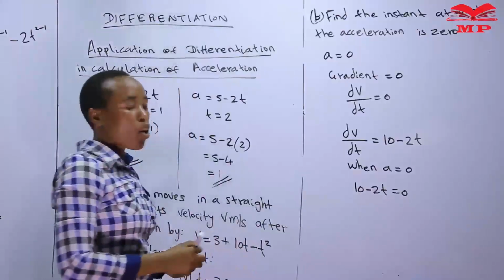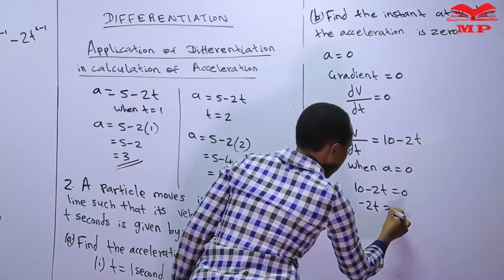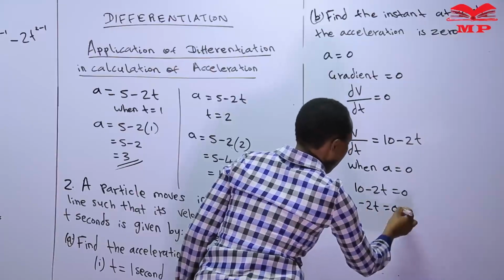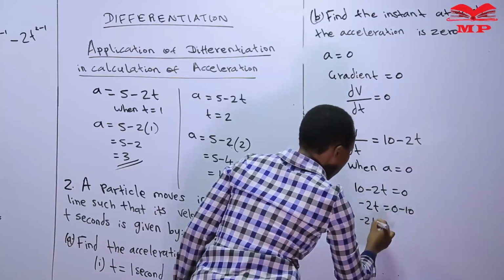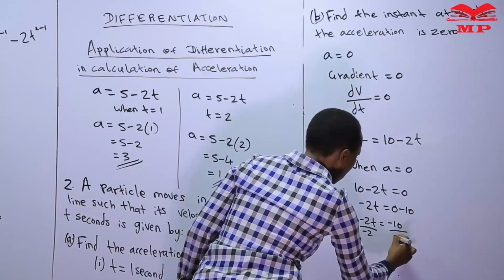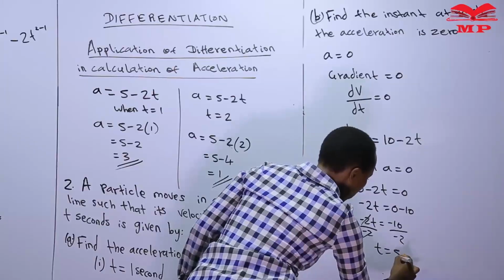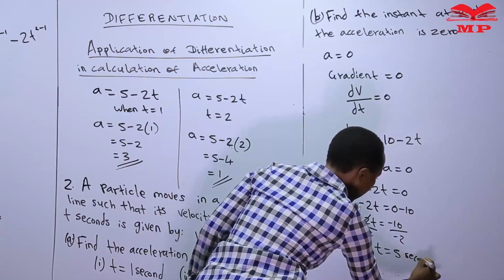So we find the value of t. We'll have negative 2t is equal to 0 minus 10, so negative 2t is equal to negative 10. We divide by negative 2 by negative 2, and therefore time will be equal to 5 seconds.